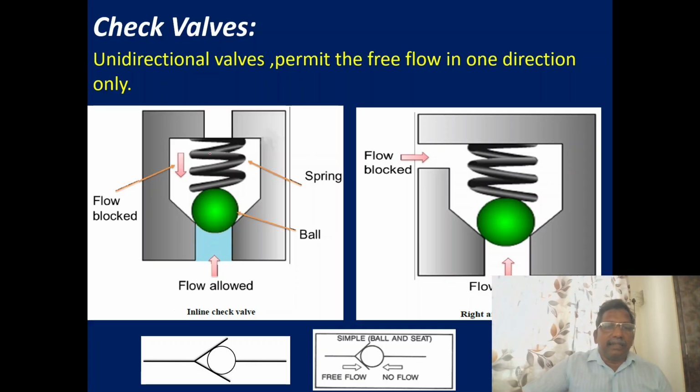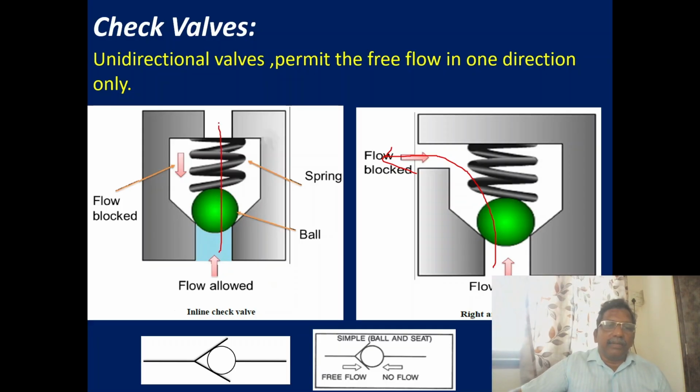You can see here, if you send flow in this direction, it will be allowed. It will compress the spring and move. When the flow comes from this side, the ball won't allow it. It's a ball type. The fluid is blocked in this direction and allowed in this direction. So we can send fluid like this only.